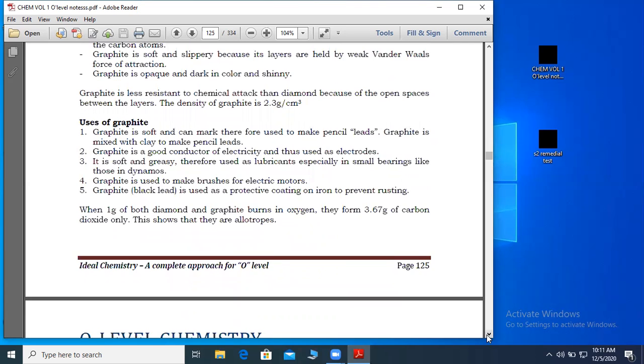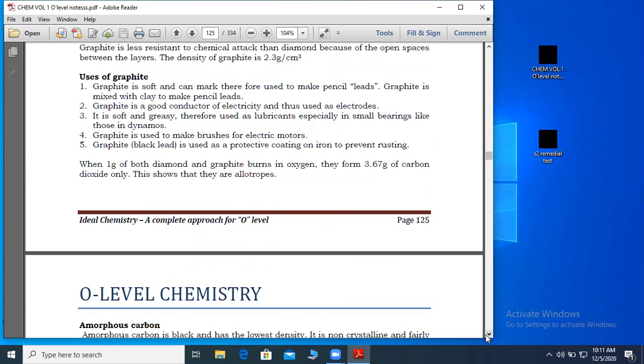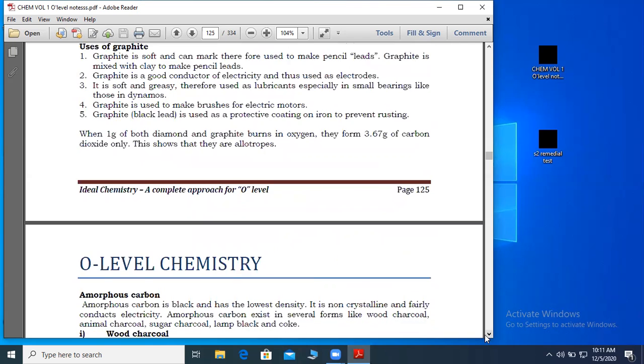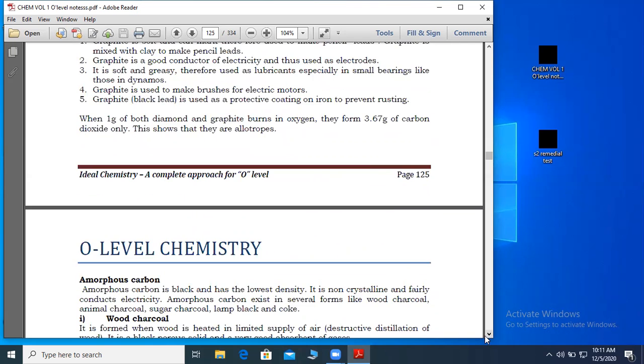Then the uses of diamond and graphite, we looked at them. Today, you people, I don't know how to tell you how important this is. Allotropes of carbon. Last time, we saw that there are crystalline allotropes and amorphous allotropes.